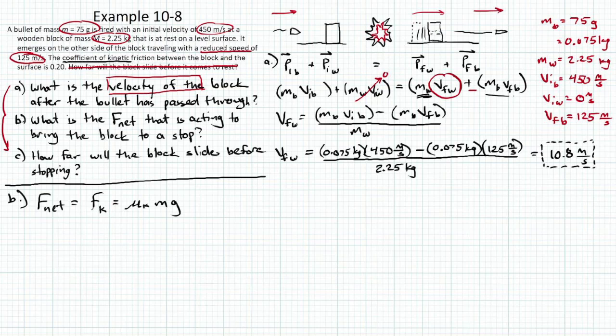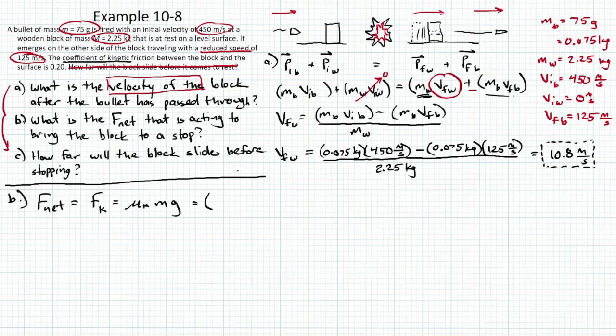That's how we calculate kinetic friction. That's going to be really important, because that's going to be the force acting against the motion of our block. So let's plug that in and solve for what our kinetic friction is.